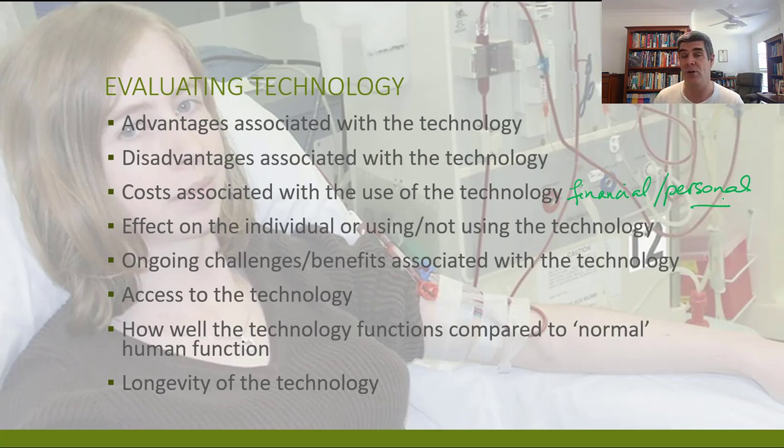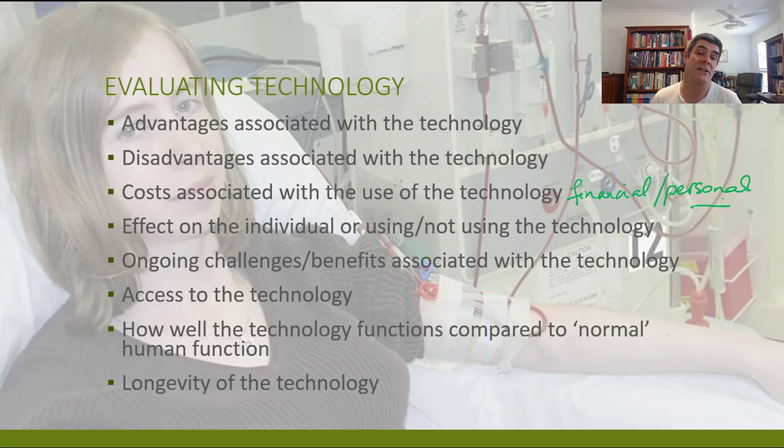Are there potential complications? Are there duplications? Are they going to have to redo processes, or is it a one-time fix-everything situation? What are some of those ongoing challenges? How available is the technology? What's the access like? Is it available to all people in all places at all times, or is it limited in some way?